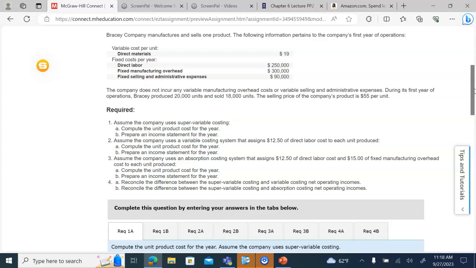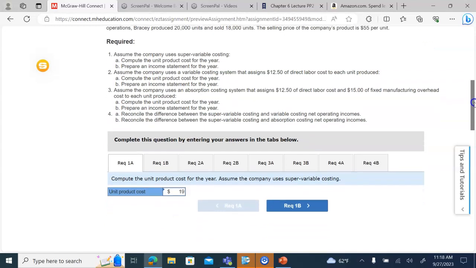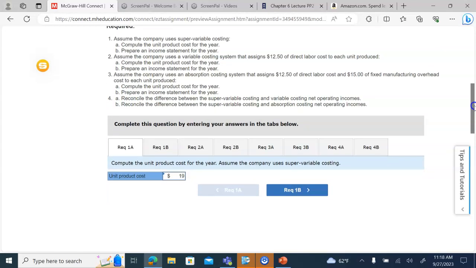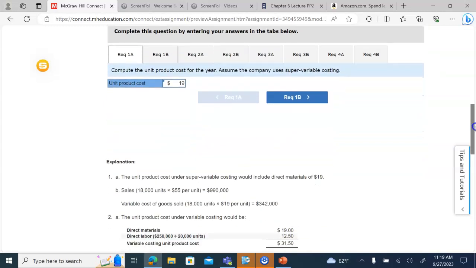The company does not incur any variable manufacturing overhead cost or variable selling and admin expenses. During the first year of operations, Bracy produced 20,000 units and sold 18,000 units. It was sold at $55 per unit. If the company uses super variable costing, compute the unit product cost for the year.